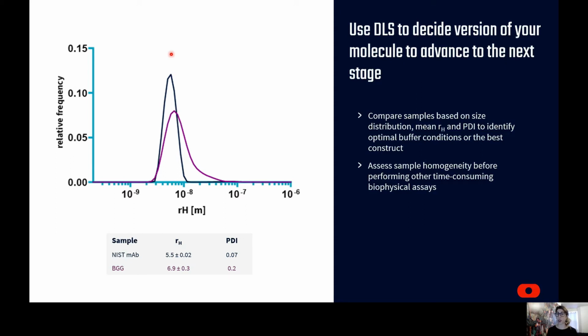BGG, which is a fraction of blood serum that consists of whole antibodies and non-albumin plasma proteins, in this example shows that it's not in its optimal buffer. It's much less monodispersed than the MAB sample, indicated by the larger PDI value of 0.2. And if we look at the size distribution plot, we see a broad tailing peak reflecting a wider size distribution.